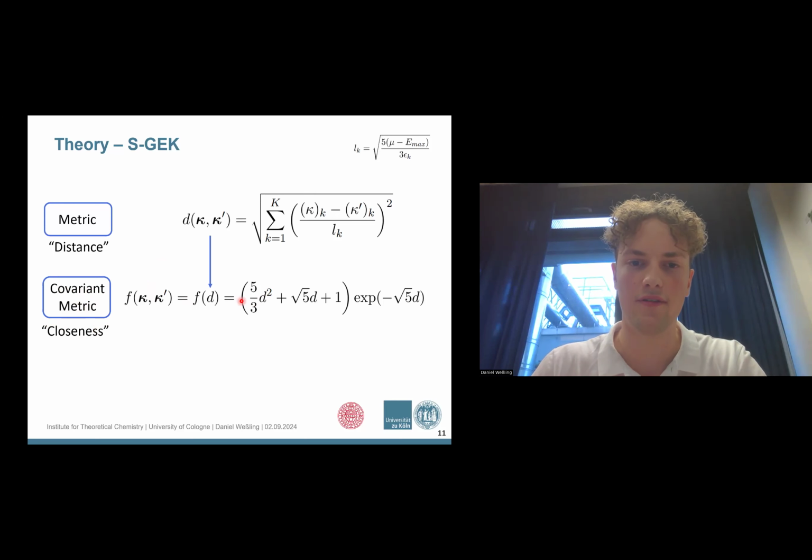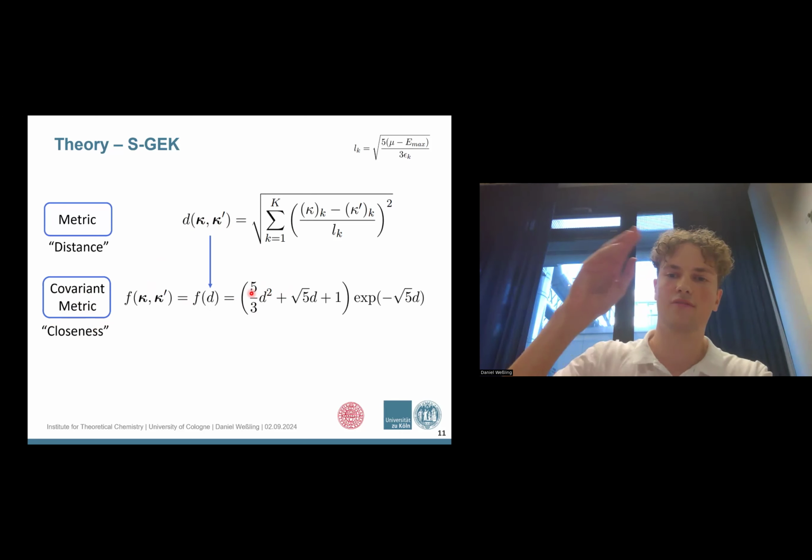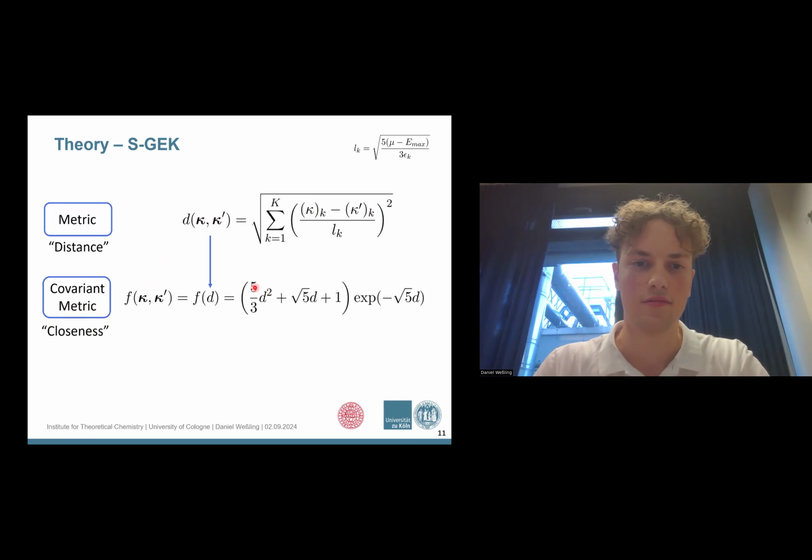This is a function that gets the metric value for these points, and then this is just a Gaussian type of function. So this would define the closeness, and then we put all these function values in for the different positions in this matrix and also in this vector here.